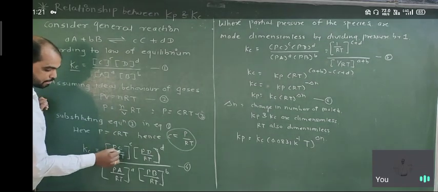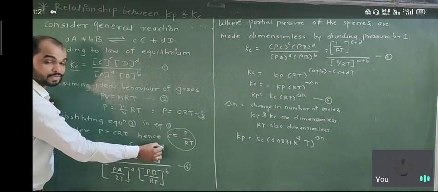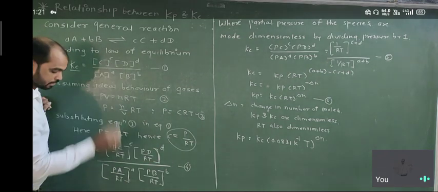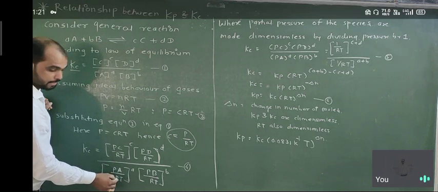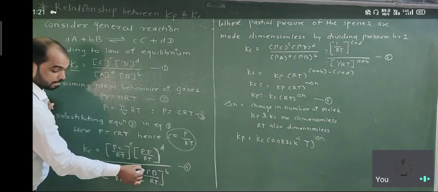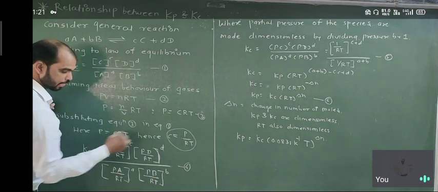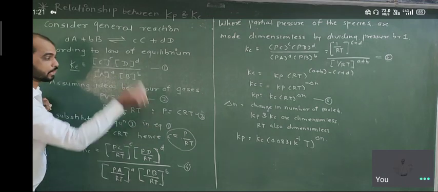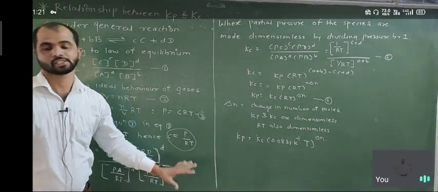So we get PC upon RT with power c, PD upon RT with power d for the products, and for the reactants PA upon RT with power a and PB upon RT with power b. Substituting equation 3 into equation 1, we get the new equation, equation number 4.